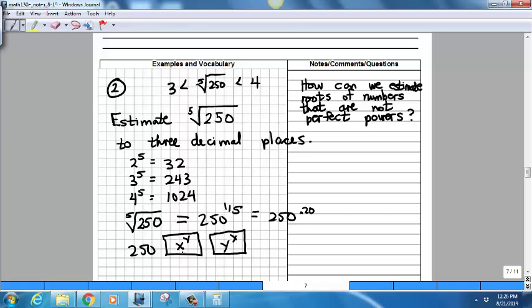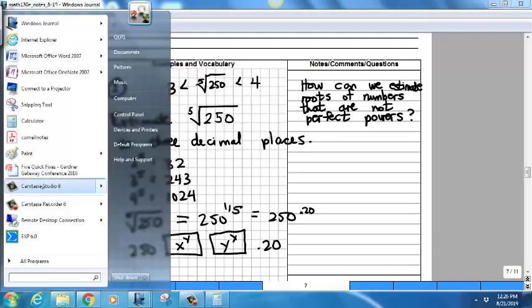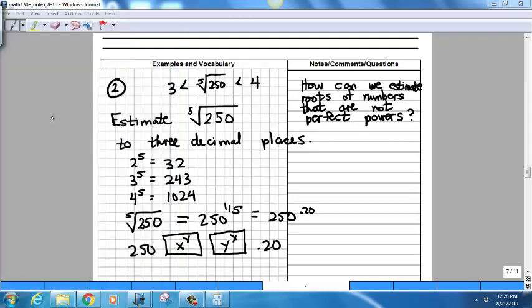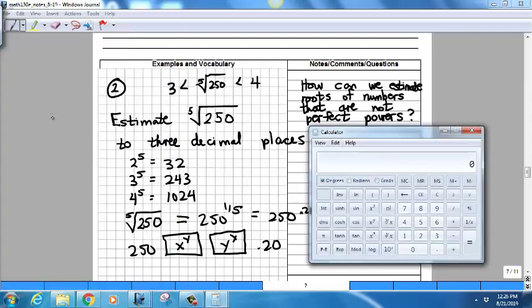And then we just want to take 250 and raise it to the 0.2 power. That's the same thing as the fifth root of 250. Let me see what the Windows calculator says we would do with this. Okay, so there's the Windows calculator. This is kind of old-fashioned.